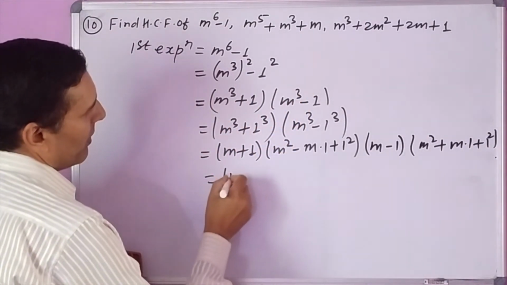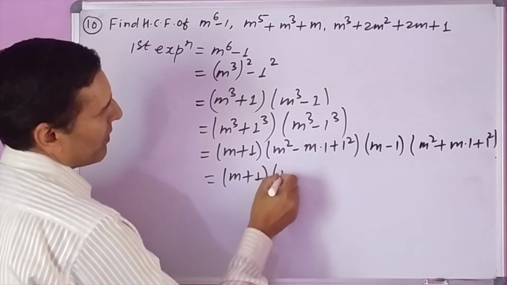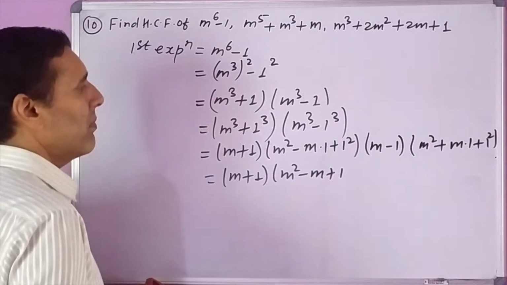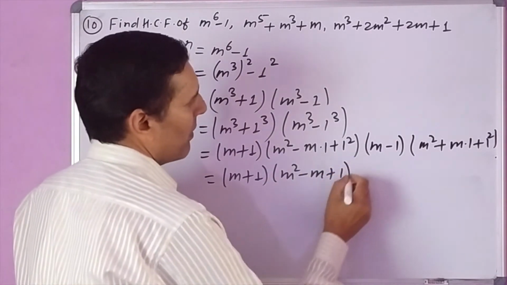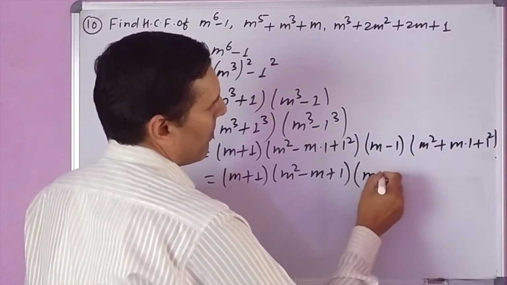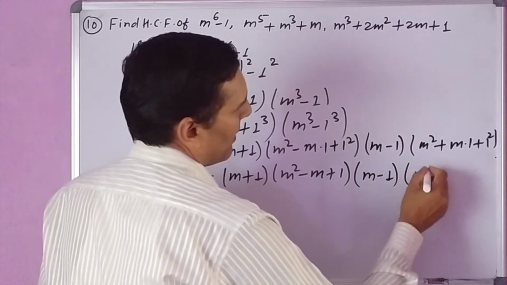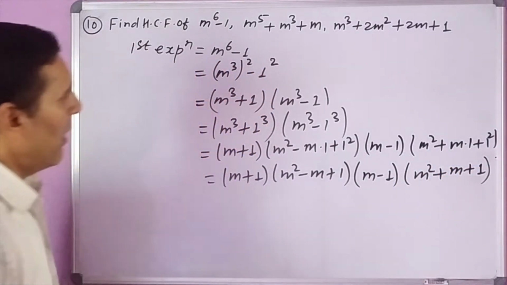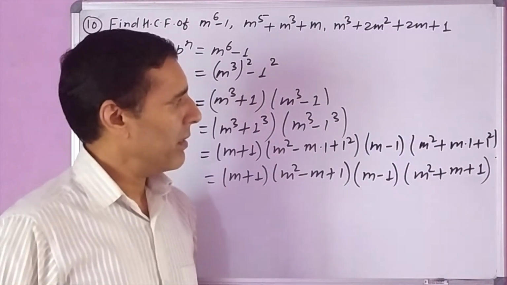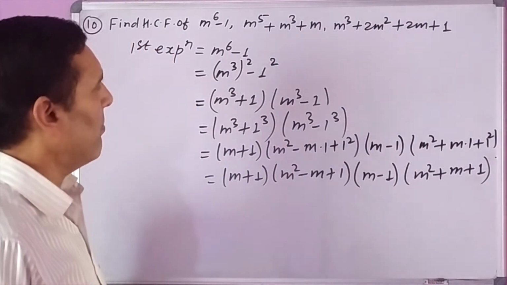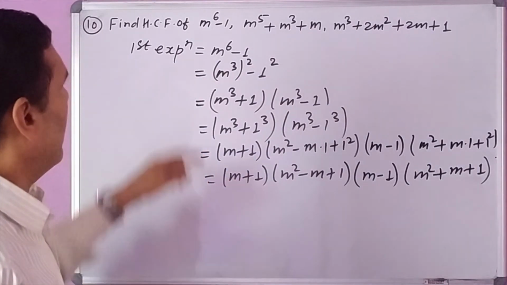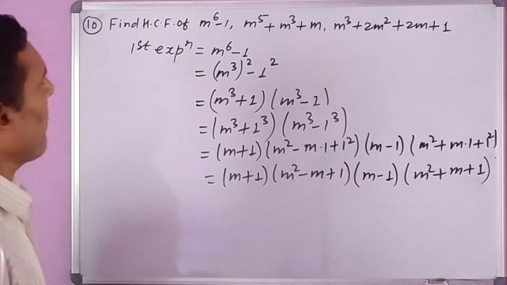So it is m plus 1 times m square minus m plus 1, and this side also m minus 1 times m square plus m plus 1. Now these factors are in their simplest form, we cannot factorize them further. So this is the factorization of the first expression, m to the power 6 minus 1.